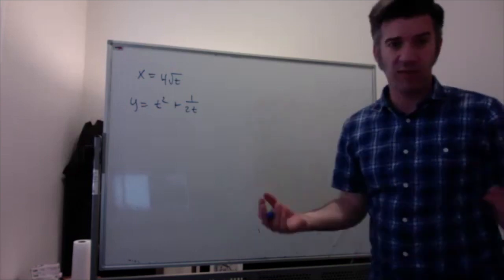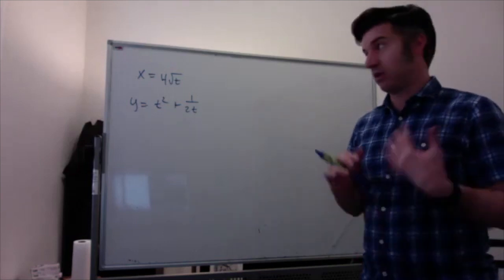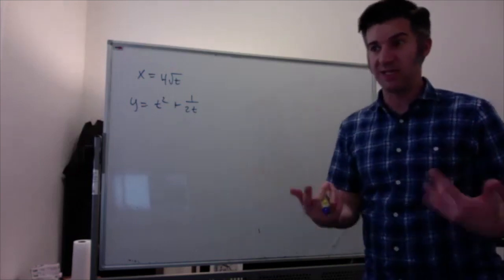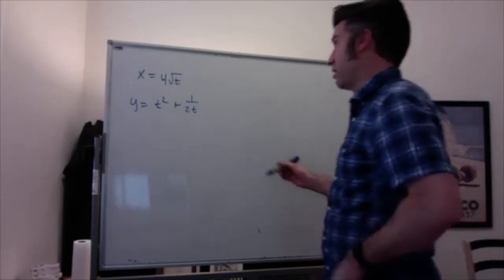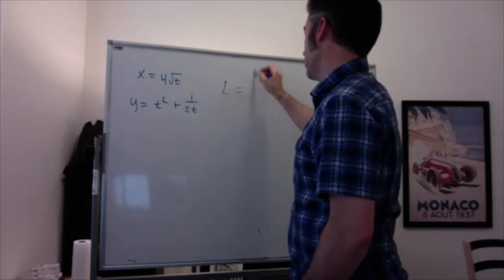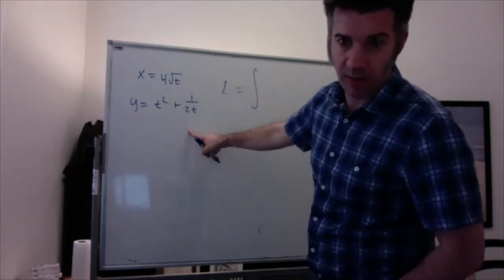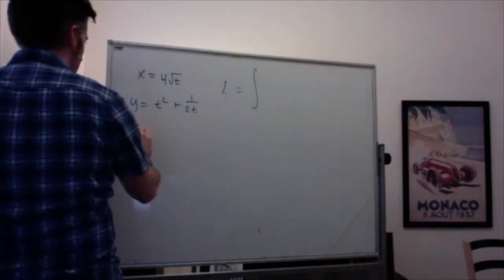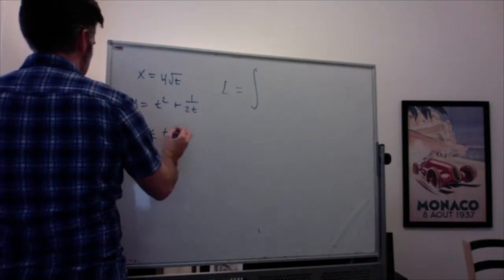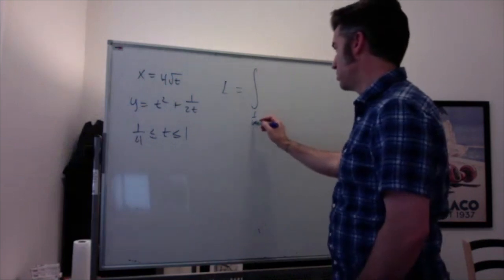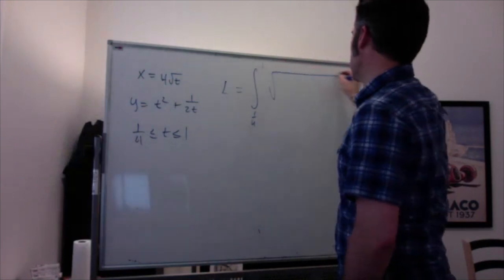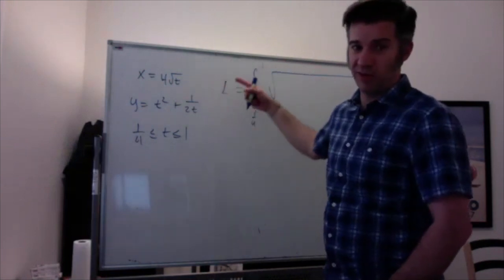So again, although the process is ugly for this arc length one, it's still the same process every time. You're still doing the same thing. The arc length is the integral, and we're given here that t is between 1/4 and 1. So it's the integral of the square root of your derivative squared plus your derivative squared.